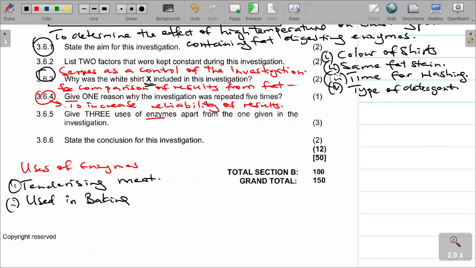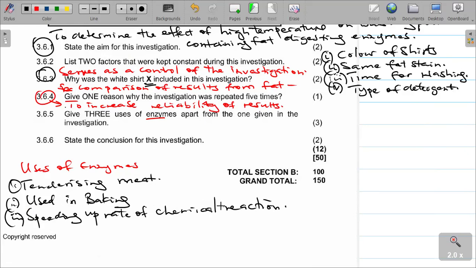Enzymes are also used in speeding up the rate of chemical reaction.